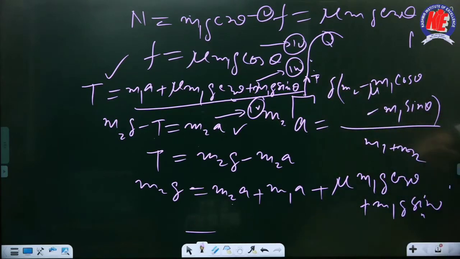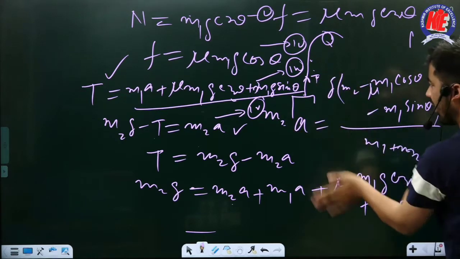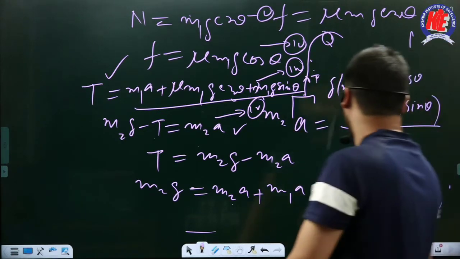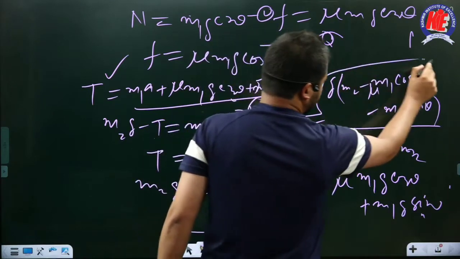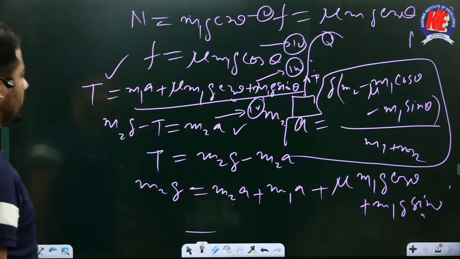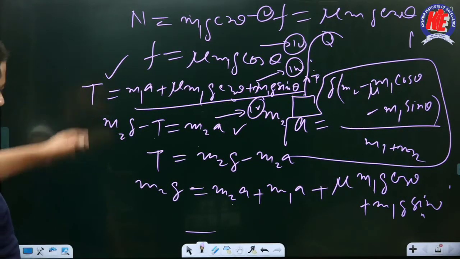Hope you got what the symbols represent here. Now I got the value of the third unknown, that's the acceleration. Okay, this is my third unknown here. I can write it somewhere.